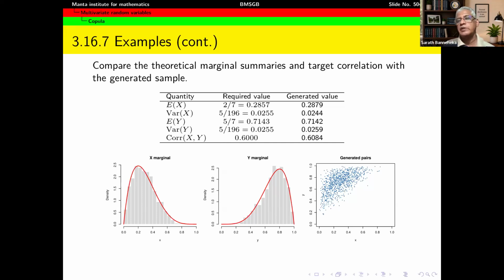Once we input that calibrated rho in the copula, the generated data have 0.6084. So it's pretty close to the required correlation. Therefore, using the Gaussian copula in this case, we can get the data as required, right? That means the marginals have the required beta distributions, and the correlation between X and Y is as close as possible to 0.6, right?